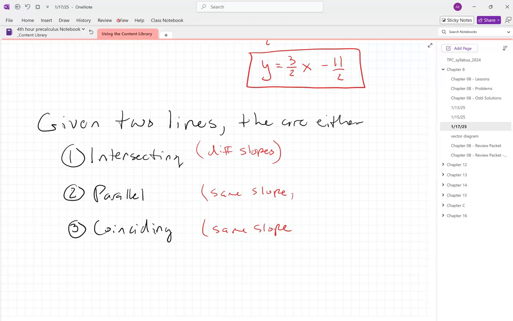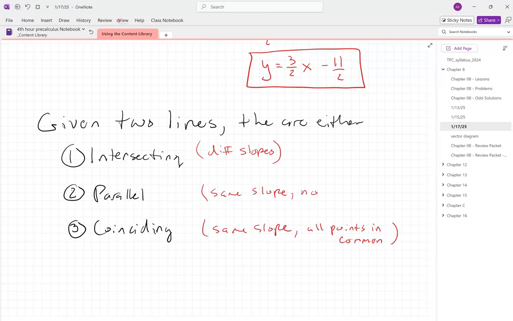So what's the difference between parallel lines and coinciding lines? All the points in parallel lines are different, right? They share no points in common. Coinciding lines have all their points in common. Maybe I'll just say no points in common instead of different points.